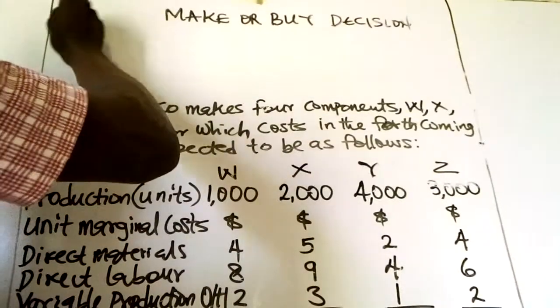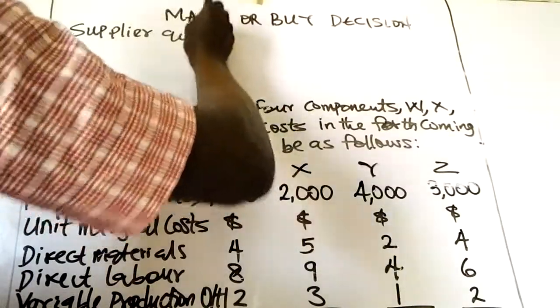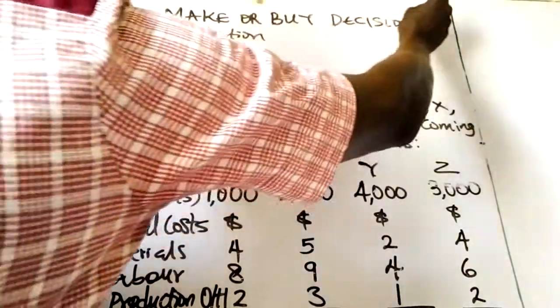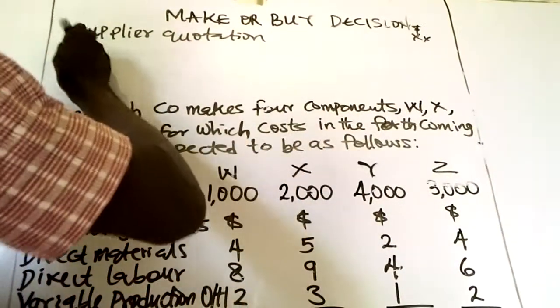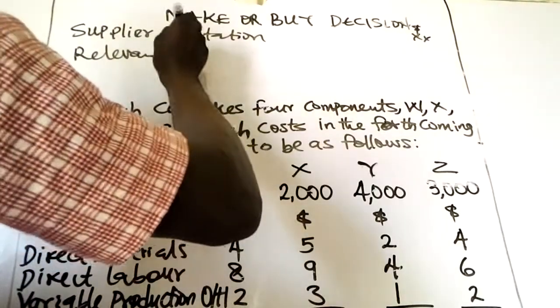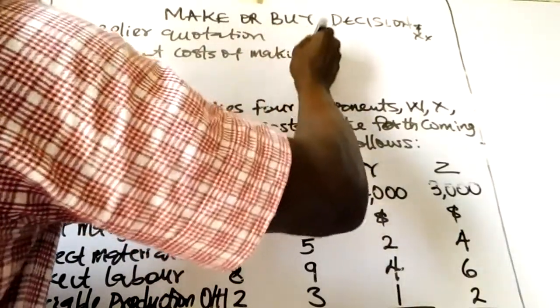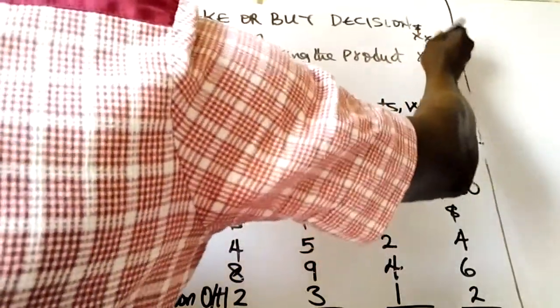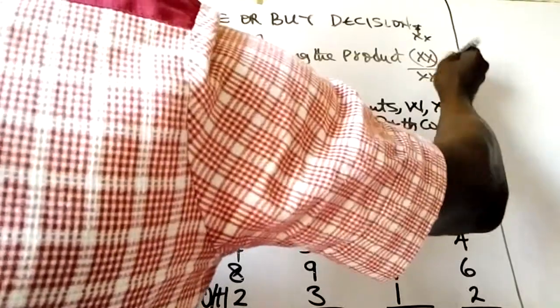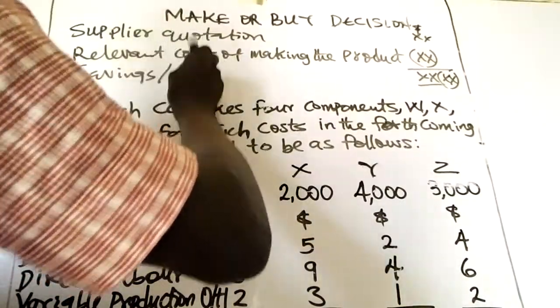So, you have the supplier quotation, from this you less the relevant costs of making the product. Then you have the savings or deficit.